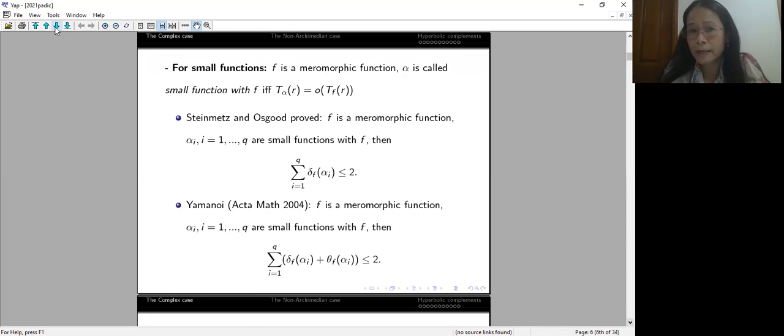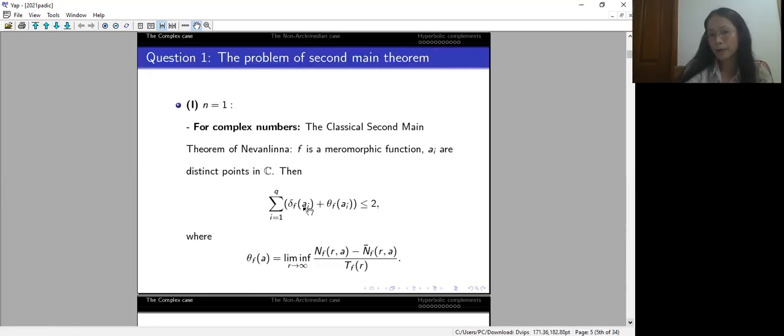So the question is, if we consider the ai not only as numbers but as small functions, what happens? What bound can we expect?